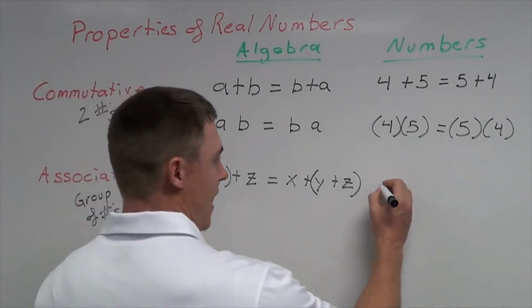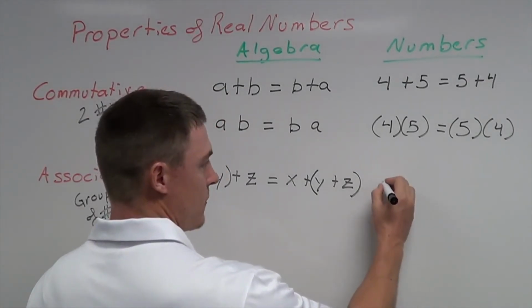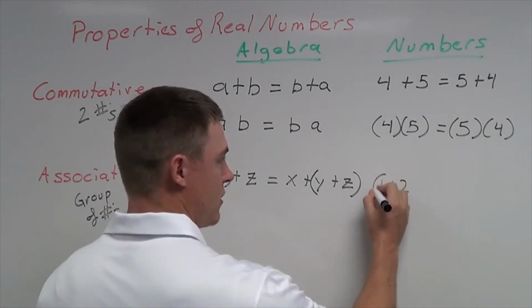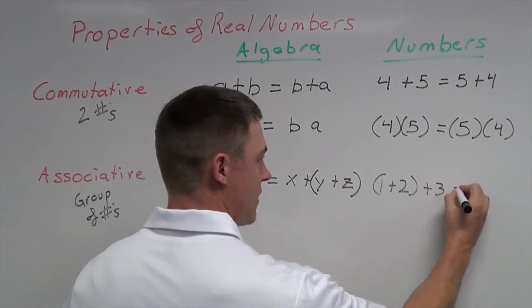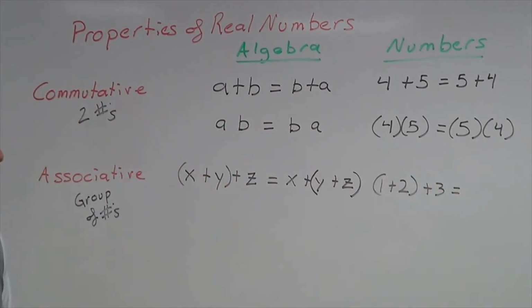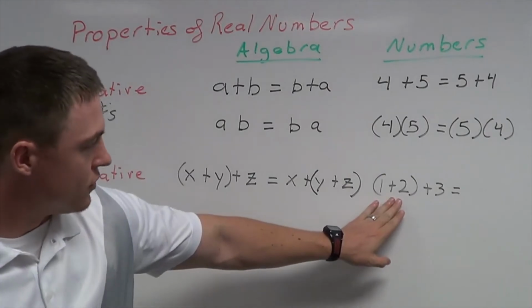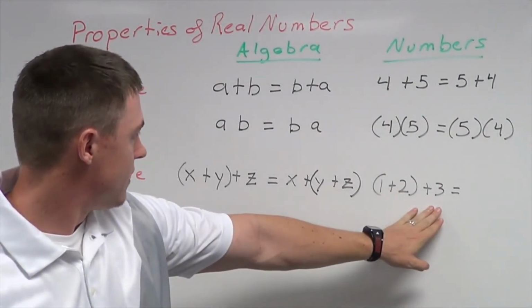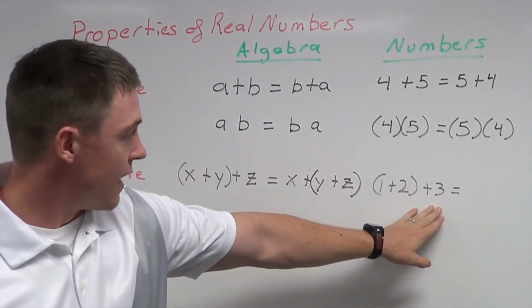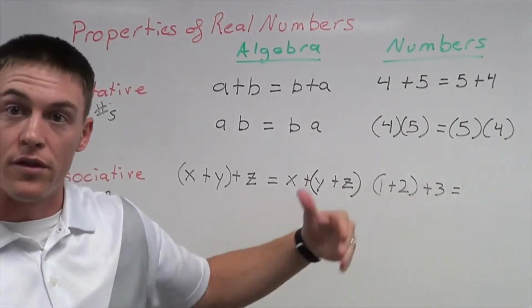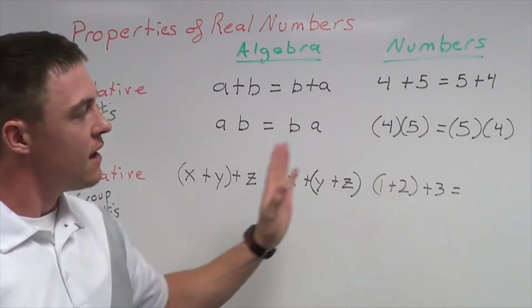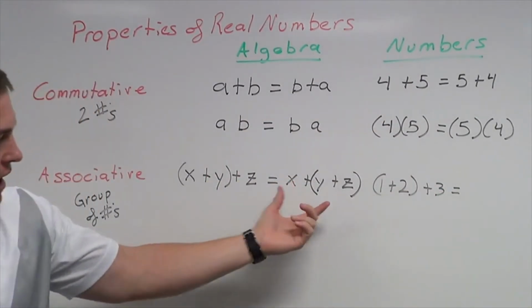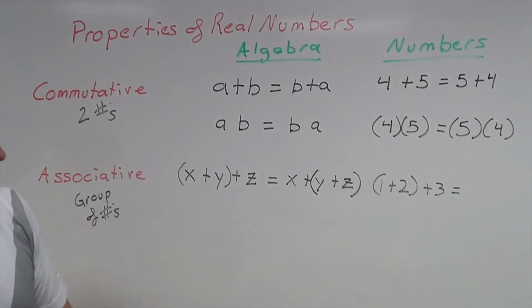So in this case, I have 1 plus 2 plus 3. Add those together. 1 plus 2 is 3. 3 plus 3 is 6. So we can see that this left side, with numbers added in, is 6. Let's see what the other side looks like. I'm basically moving my parentheses around a bit.